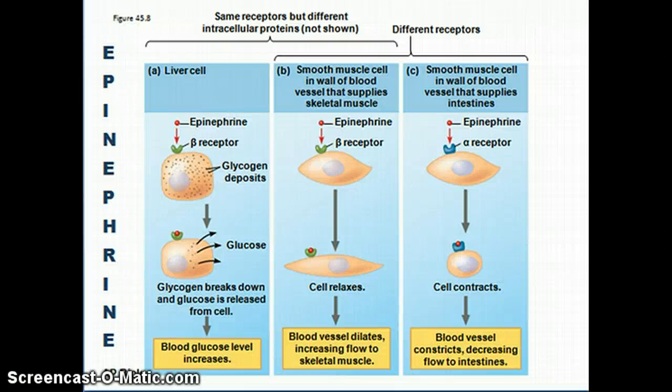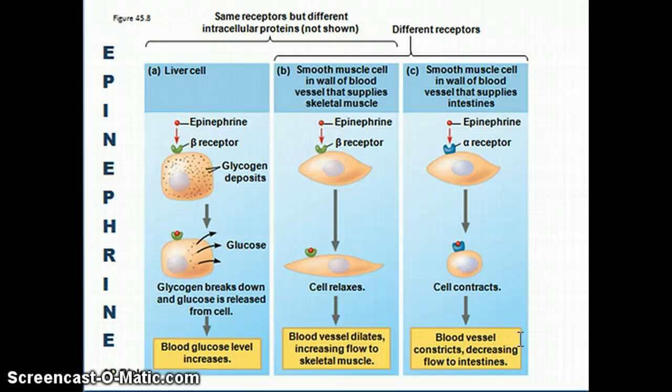So the example that we have here is of the hormone epinephrine. And epinephrine can cause an increased blood flow, for example, to a major skeletal muscle, but it can have actually the opposite. So in this case, it's dilating the blood vessels. In this case, if it moves over to this, it can actually constrict the flow of blood if it's in an intestine.